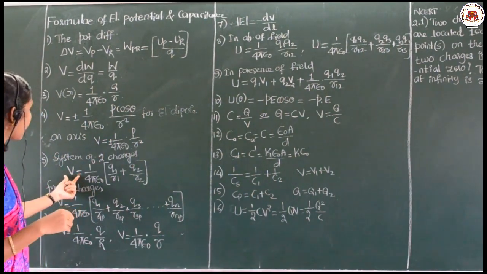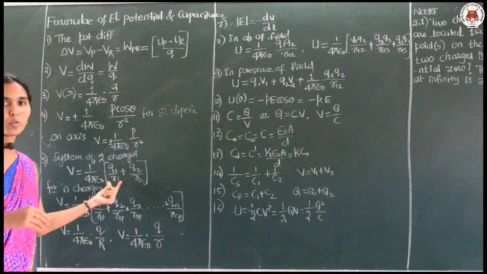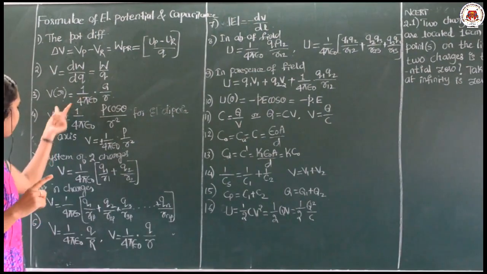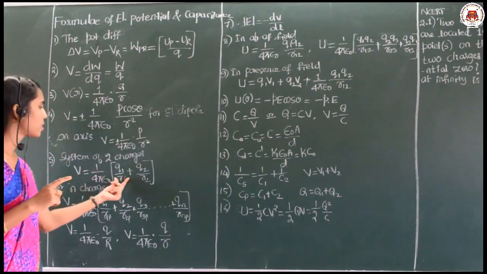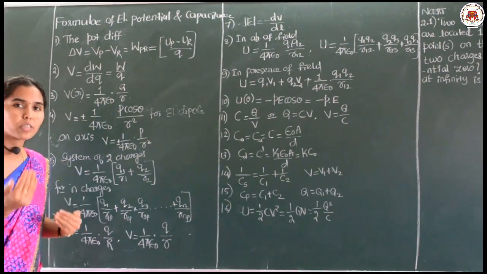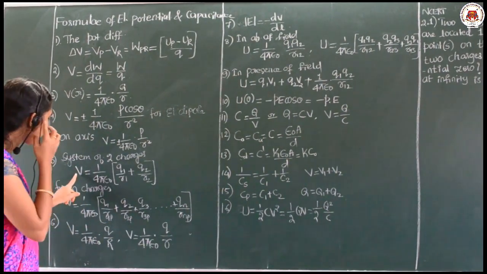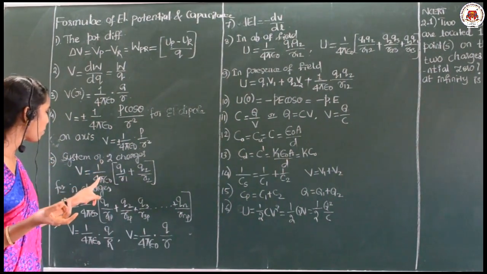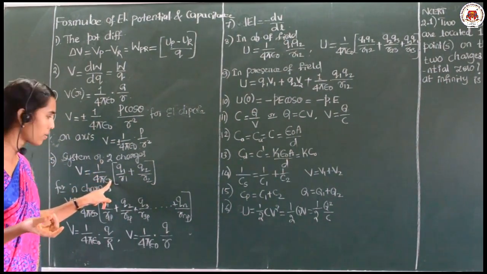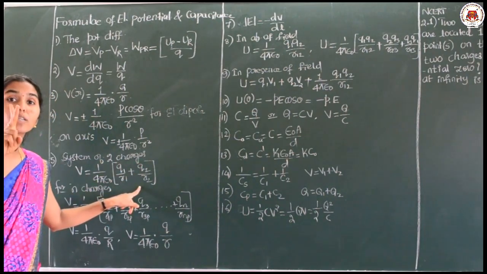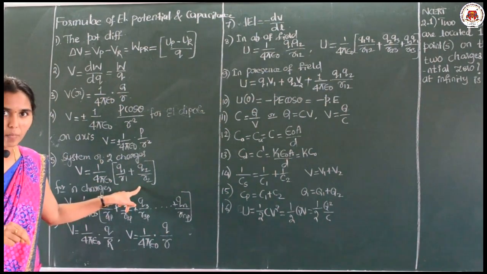Then moving to the next, the potential due to a system of charges. Here the earlier one is for a single charge only, but this is used if two charges or more than two charges are there. So the potential for a system of two charges is equal to 1 upon 4 pi epsilon naught Q1 upon R1 plus Q2 upon R2 when two charges are there, right?